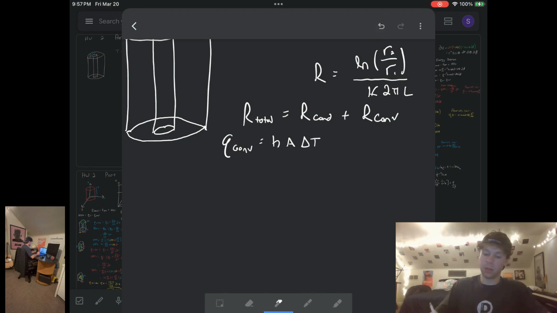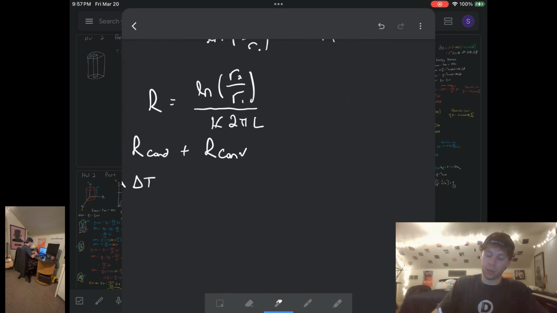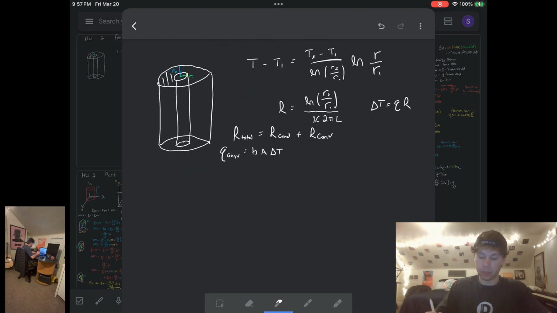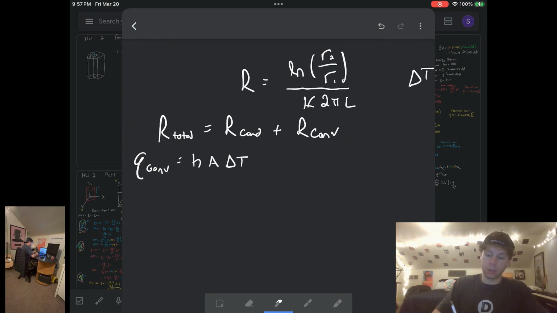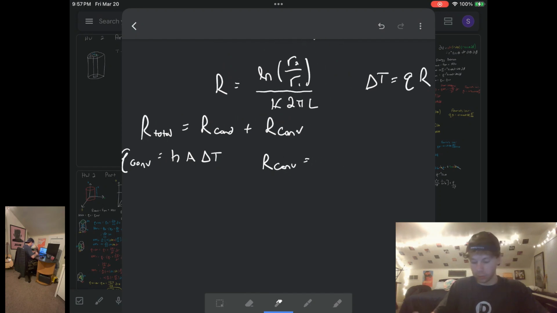Since we know our change in temperature is equal to our heat flow times thermal resistance, if we divide this equation by our change in temperature, we could say that our thermal resistance for convection is equal to 1 over hA.